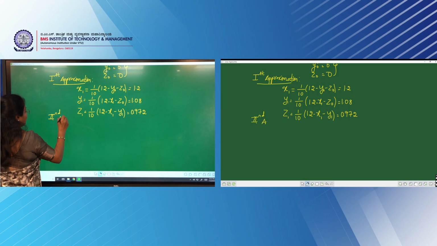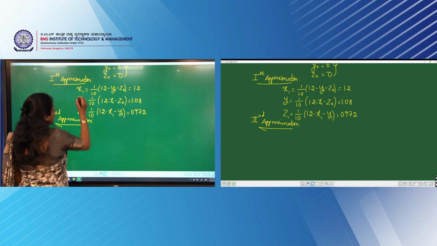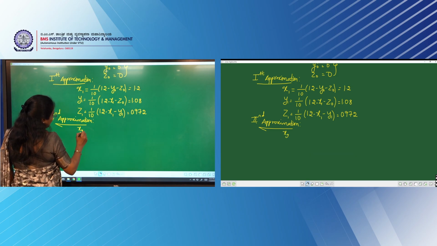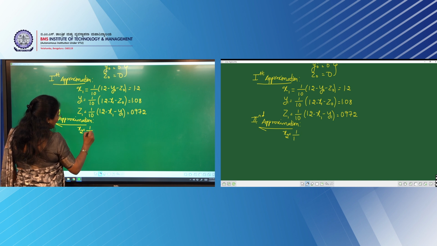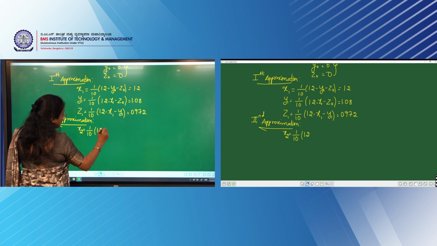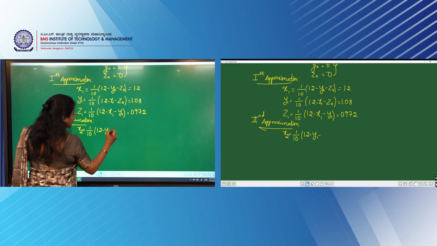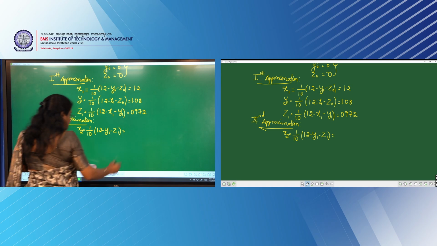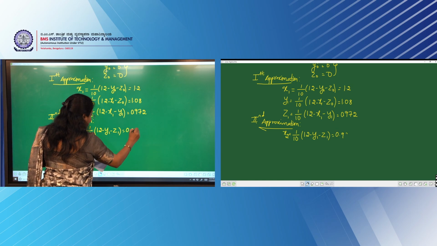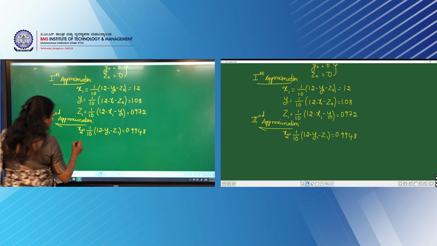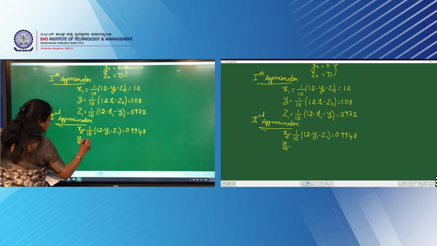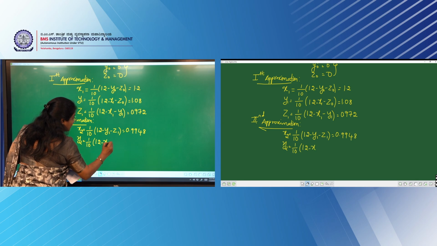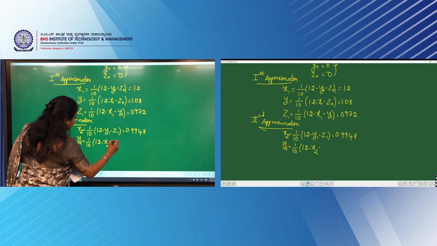So what happens in the second approximation? Now x2: 1 by 10 into 12 minus y1 minus the recent value z1. Accordingly you substitute the values and simplify, and you will get 0.9948. y2: 1 by 10 into 12 minus, we got x2 recently, minus z1.